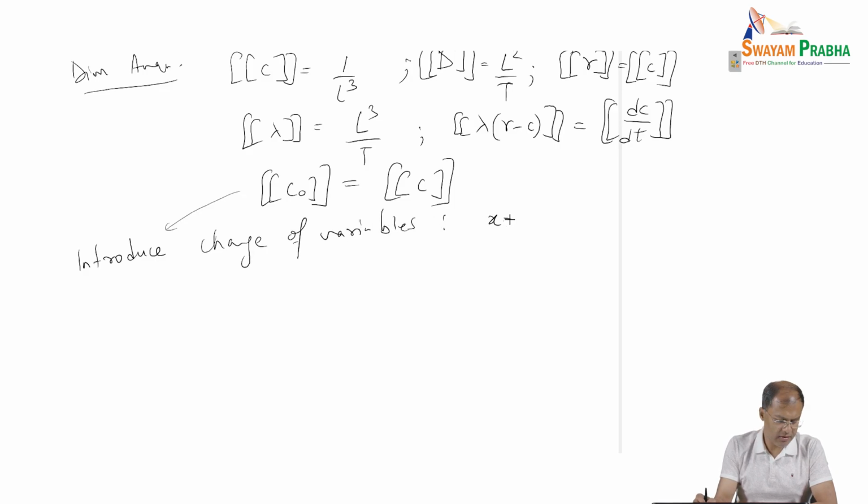So we have x is equal to x_c y, t is equal to t_c tau, and c is equal to c_c u.